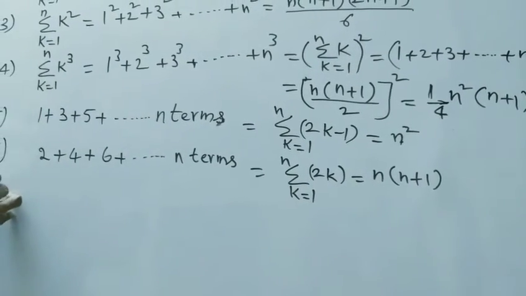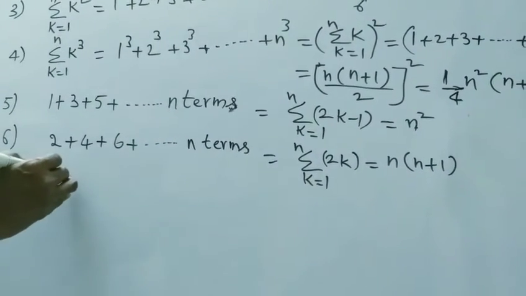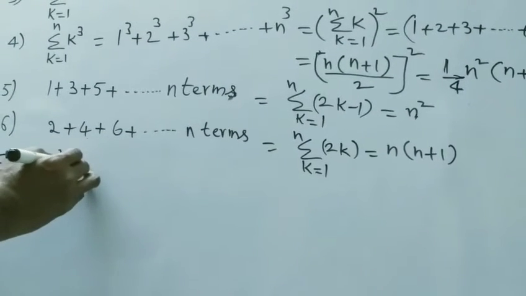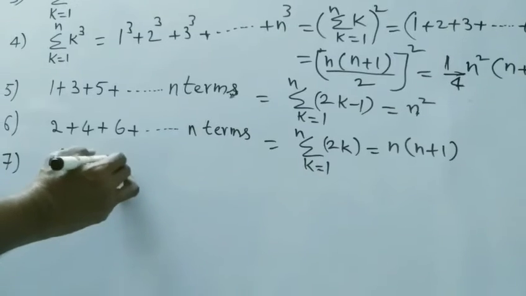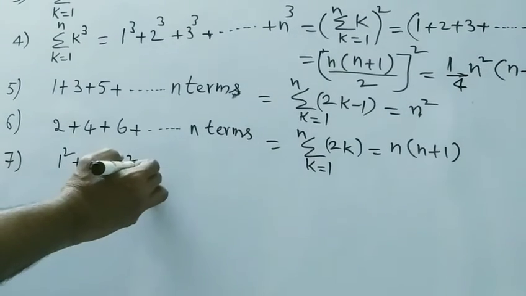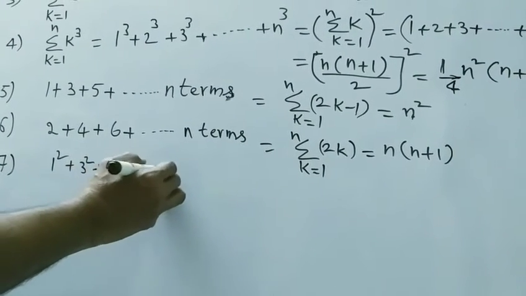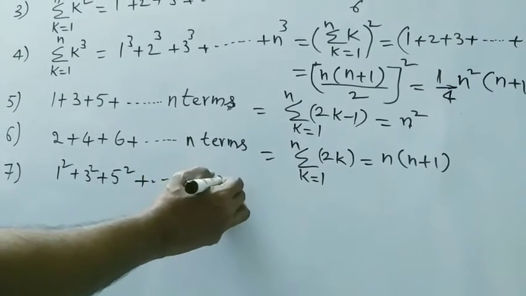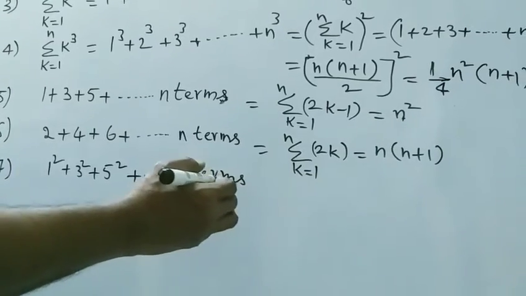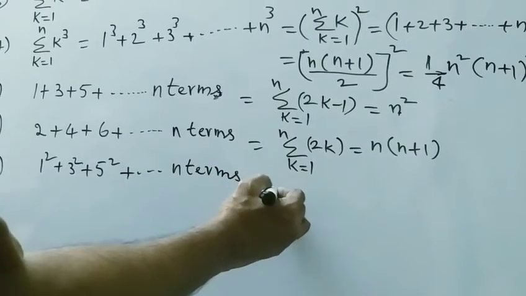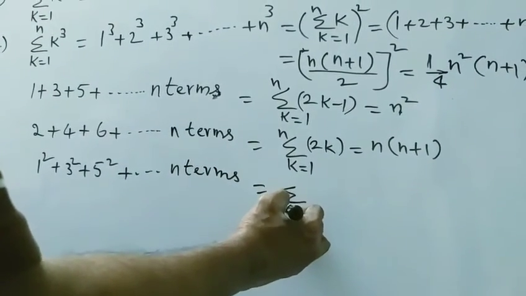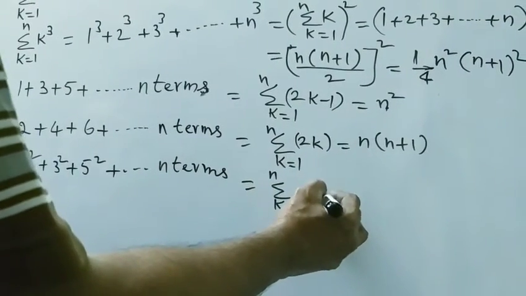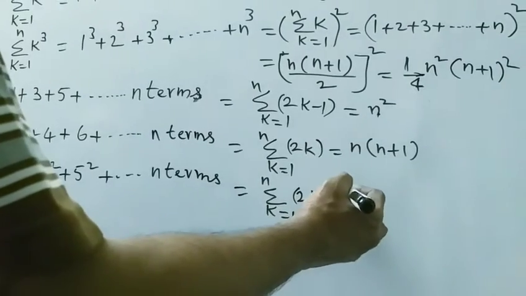And one more, seventh one is 1 square plus 3 square plus 5 square plus and so on n terms is equal to summation of k is equal to 1 to n, 2k minus 1 whole square.